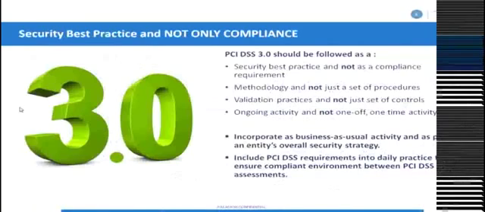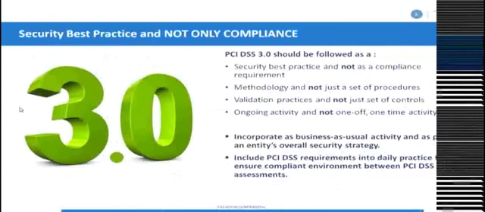Alright, so what is it that version 3.0 would like to emphasize? To consider the standard as a best practice in terms of the information security setup that you need to have when you're involved in using the card data, or when you're involved in either processing, storing, or transmitting the card data.